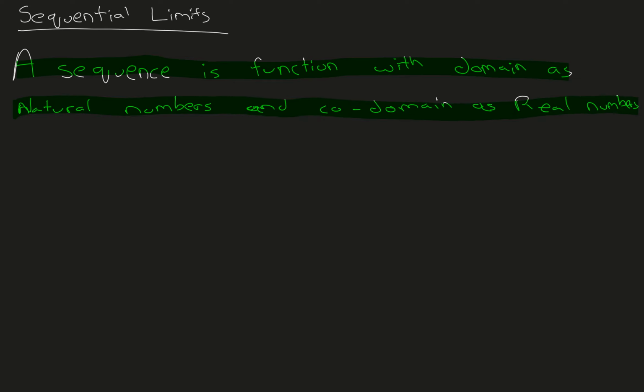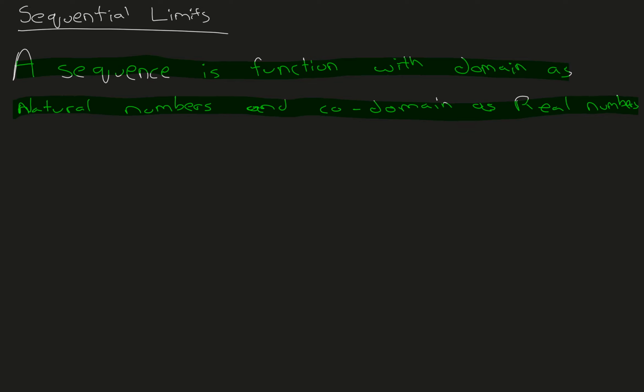Well, what does that mean? Since a function is anything that takes in input and spits out some output, a sequence is a function which takes in the natural numbers and spits out the real numbers.